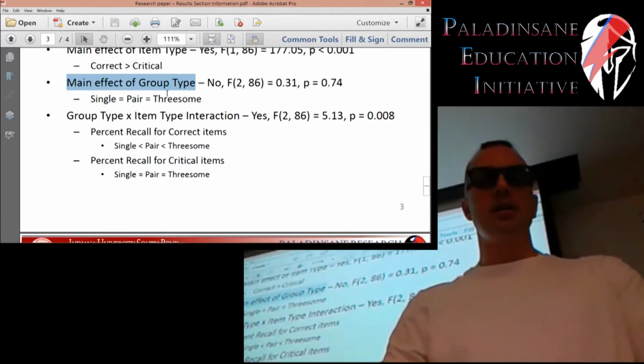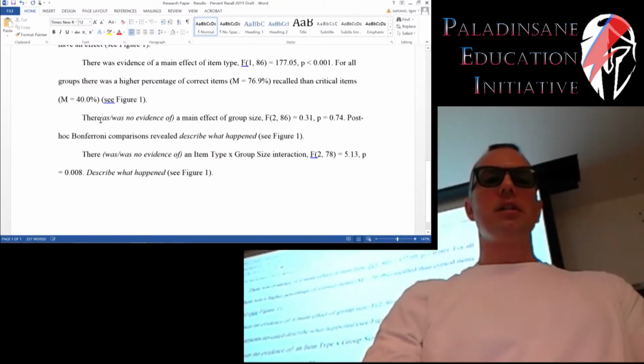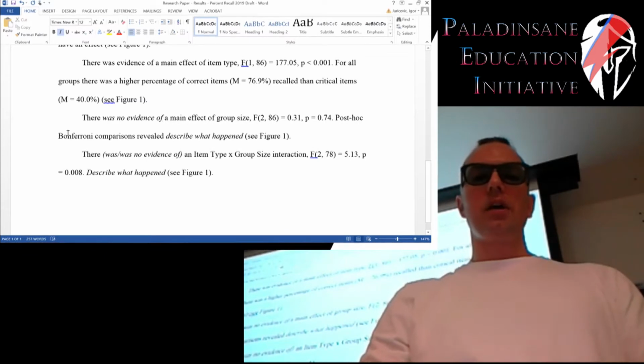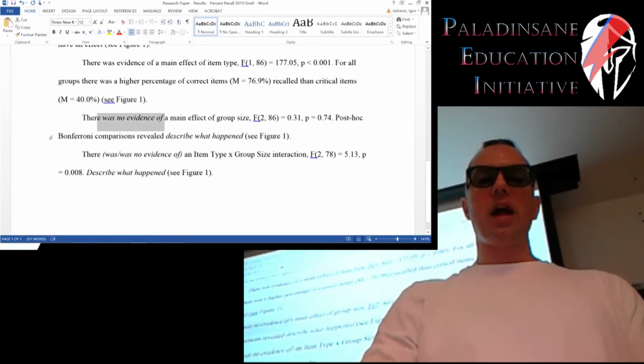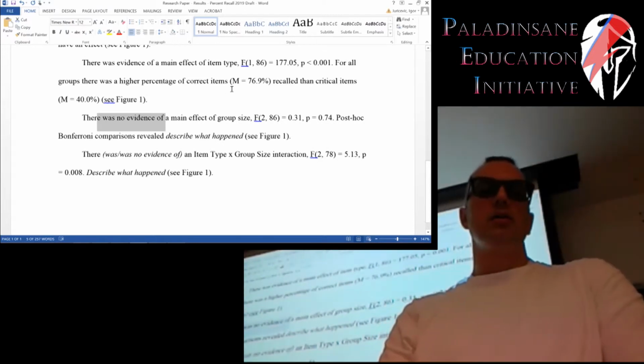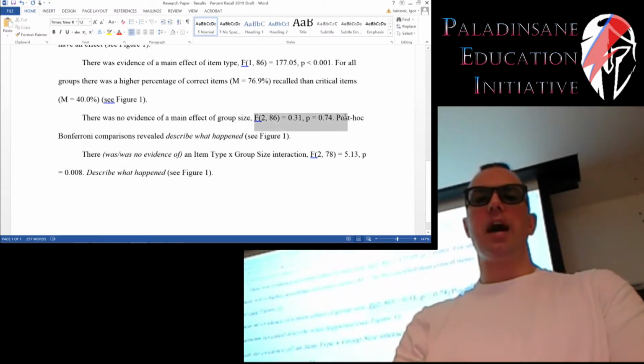What that means is that any differences that we see in group type do not indicate a real difference, they indicate a chance difference, right? So these groups are actually equal on their percent recall. So there was no evidence of a main effect of group size. There's the stats.